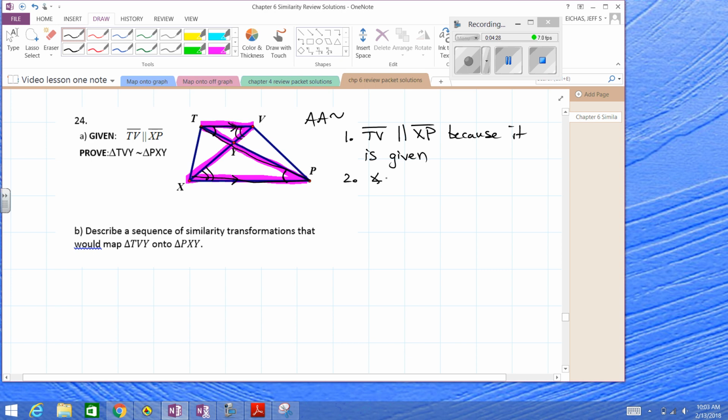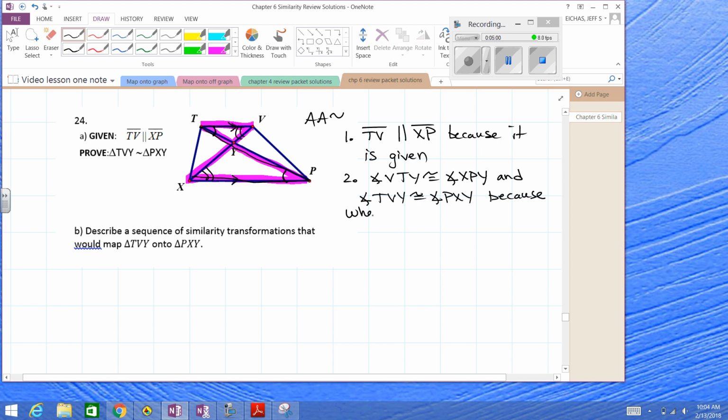I'm going to say angle VTY congruent to angle XPY and angle TVY is congruent to angle PXY because, now you guys can say alternate interior angles theorem.